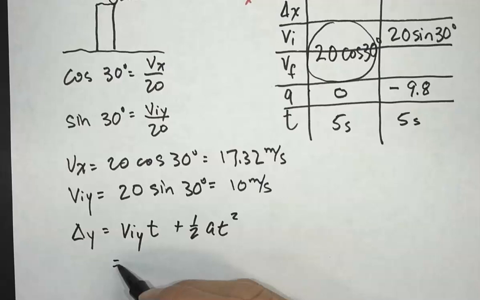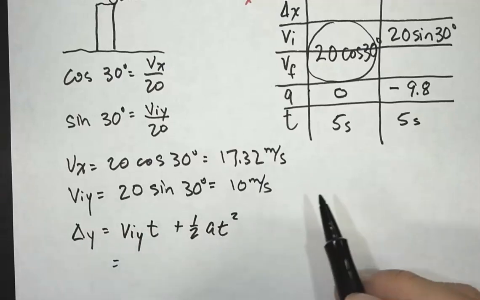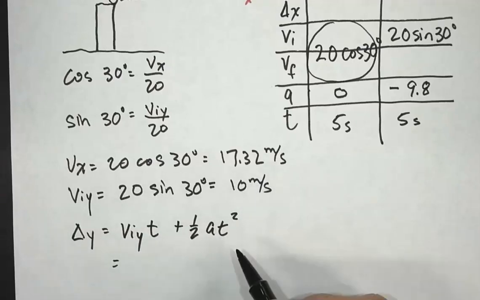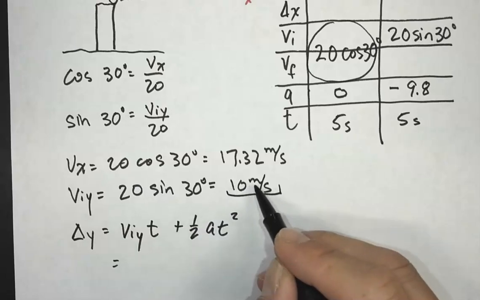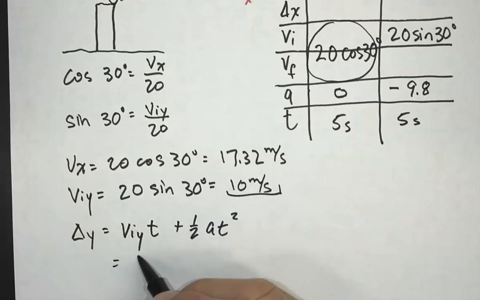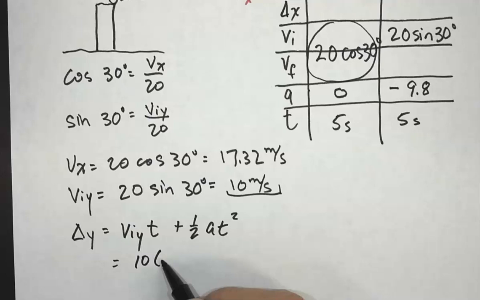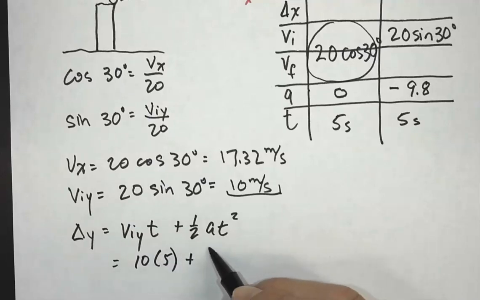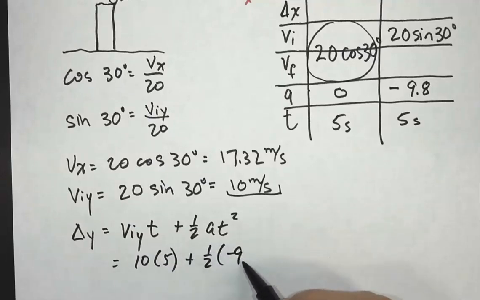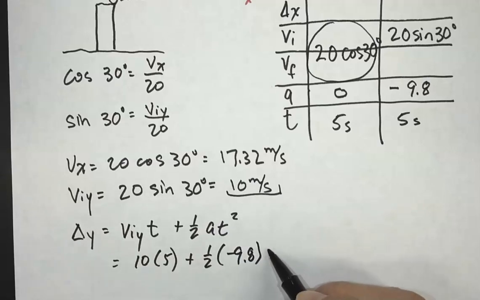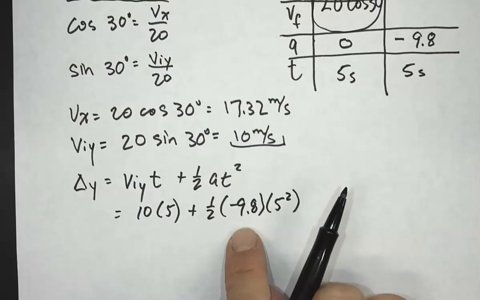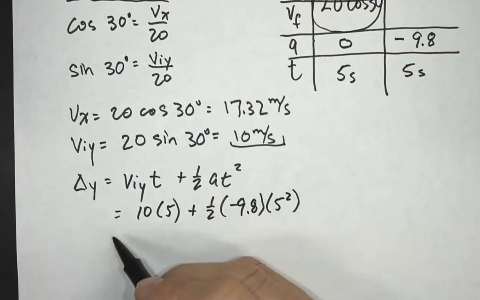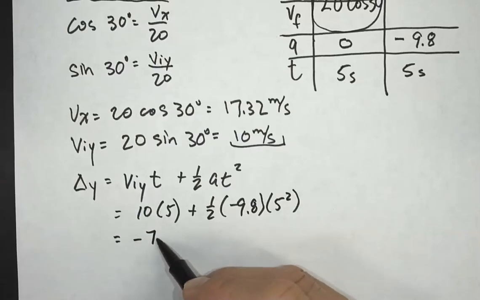Okay, so the Viy is going to be 10. We just calculated that, so I'm just going to bracket that because we're going to use that. So that's going to be 10. T is 5 plus 1 over 2. A is negative 9.8 times t again. Once again, we want to square this 5 before we multiply the negative 9.8. Okay? If we do that, we get a negative 72.5.